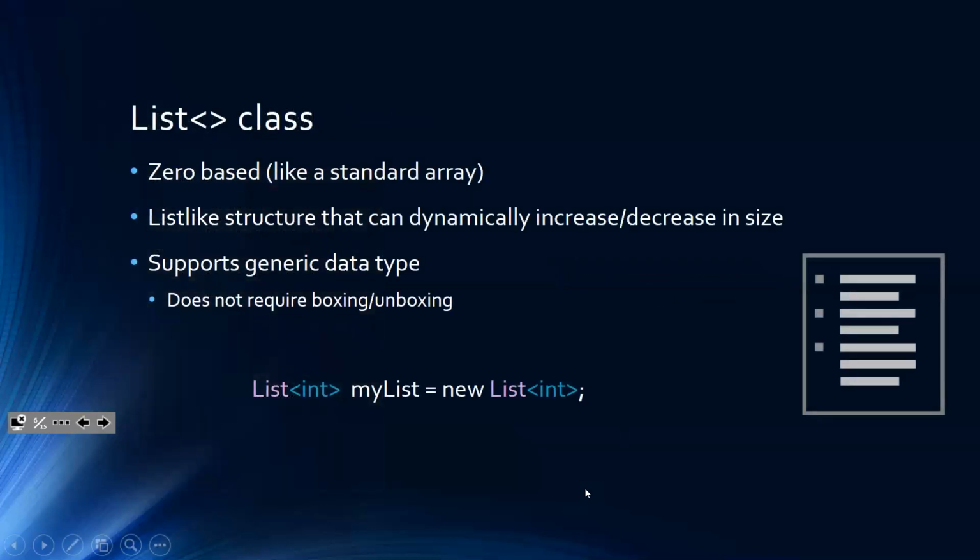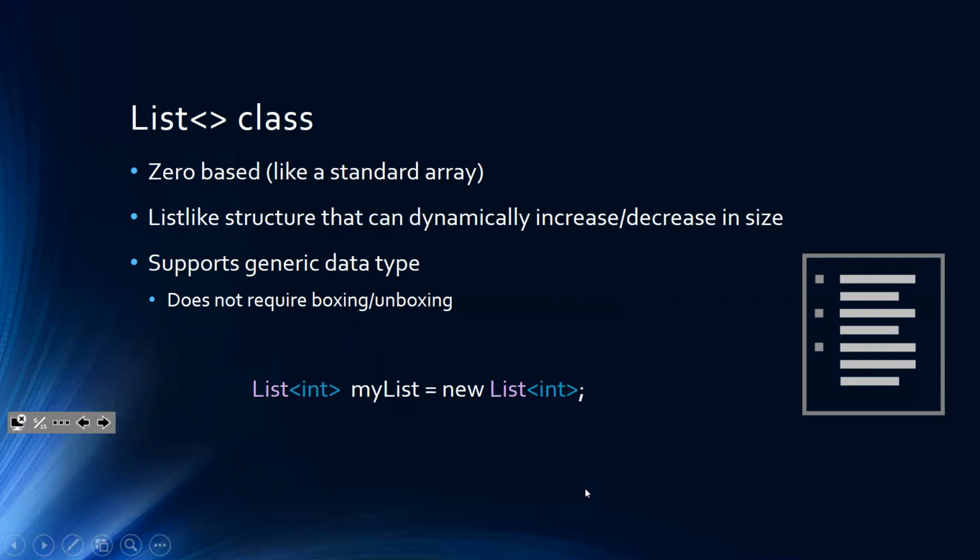Now an associated class is the list class, and here's one that uses a generic. So the list class is zero-based like a standard array. List-like structure that can dynamically increase and decrease in size. It does not support multiple data types though, does it? It only supports one, but the data type that it supports is whatever you specify in that generic.